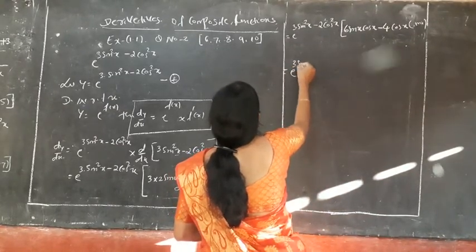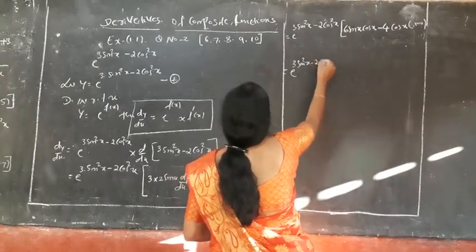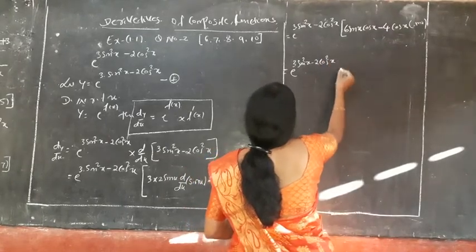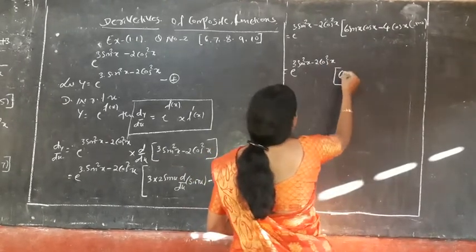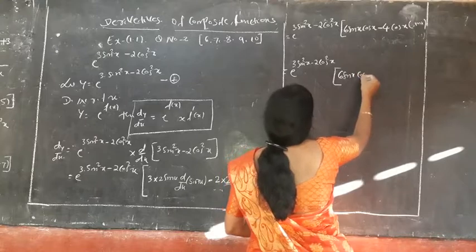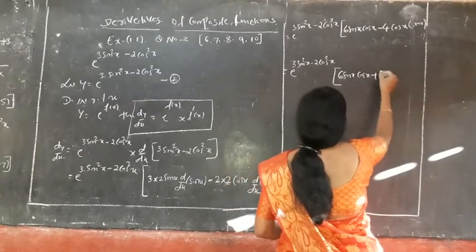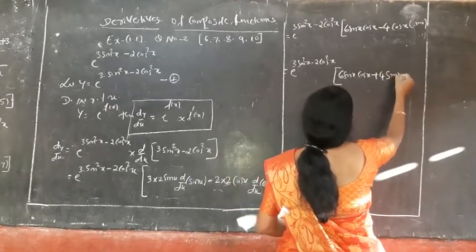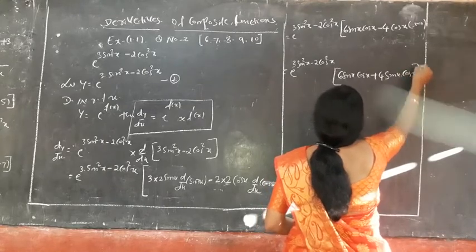So e raised to 3 sin square x minus 2 cos square x into 6 sin x cos x, minus into minus becomes plus 4 sin x into cos x.